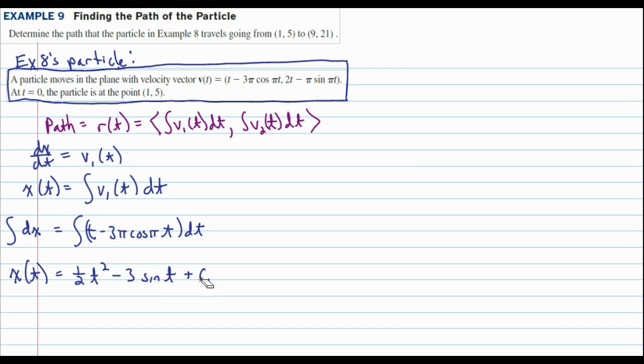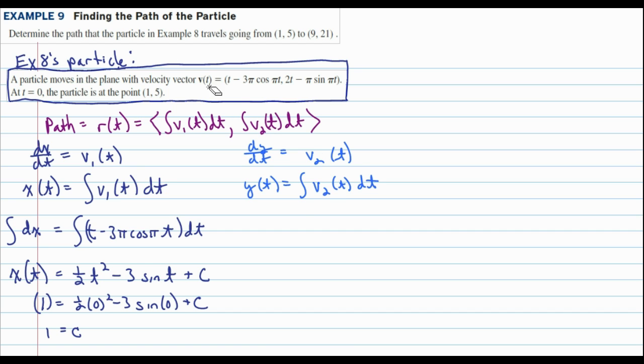We have a constant here, and the initial value was (1, 5)... at t equals 0, the horizontal position was 1. So I plugged in 0 for t, 1 for x, and solve, and I get c equals 1. Now the vertical parameter for position is found by taking the antiderivative of v2.